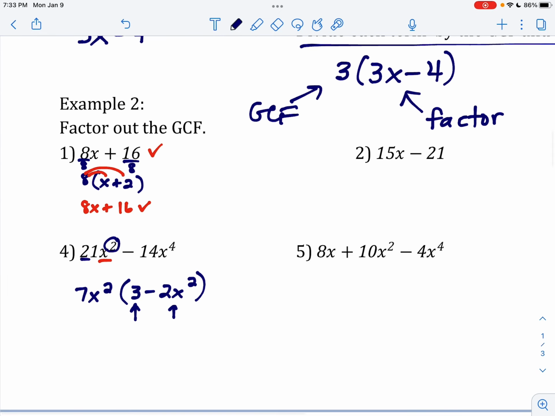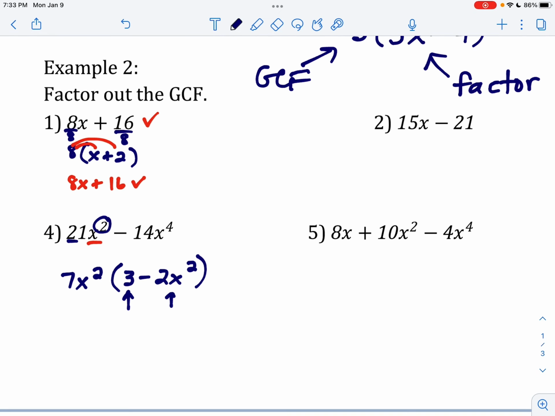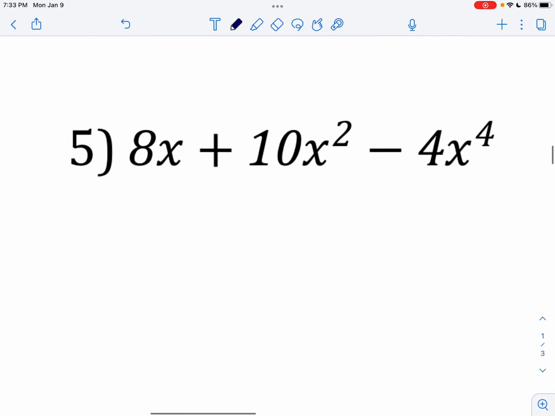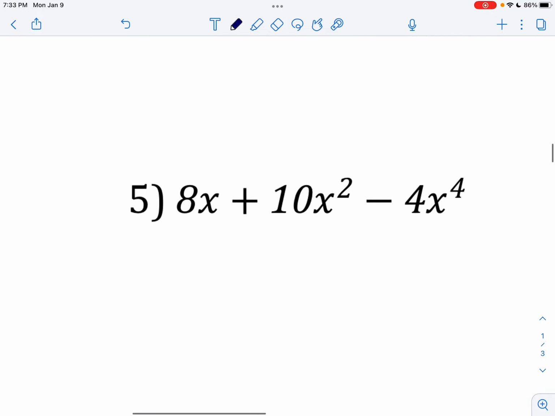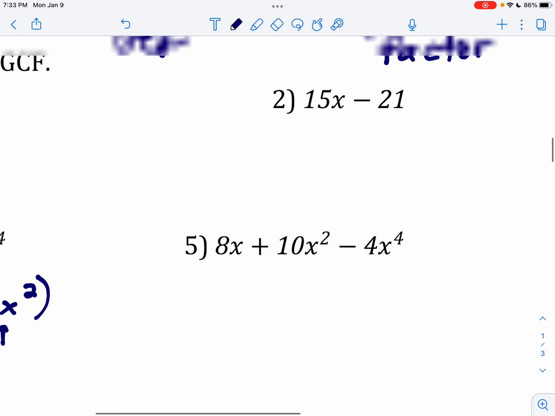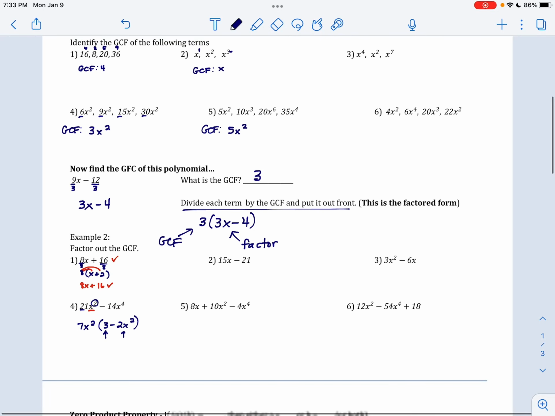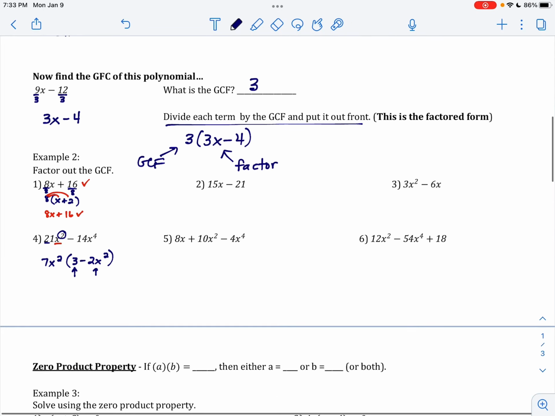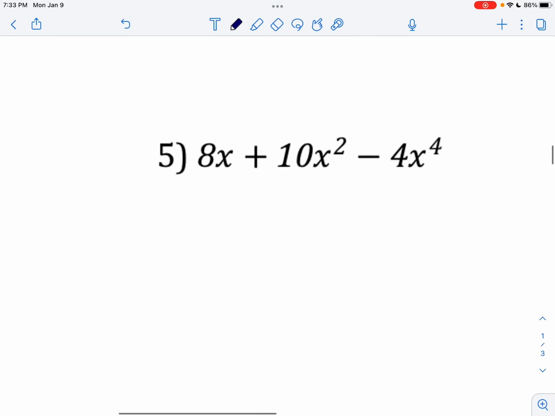All right. Now if we look at number 5, we have a trinomial. So the trinomial, 8x plus 10x squared minus 4x to the fourth. When we are factoring those out, what's the greatest factor that I can take out? So I have 8, 10, and 4.